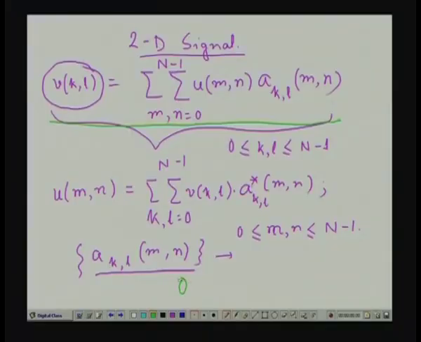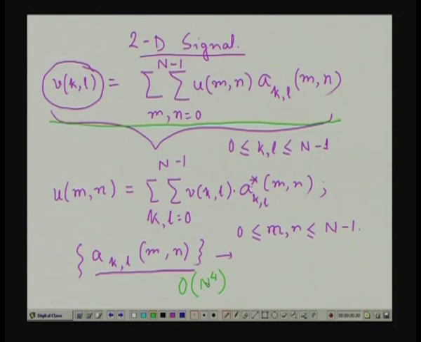For computation of each coefficient, we need capital N square complex additions and multiplications. So, the total amount of computation needed in this case is of the order of capital N to the power 4.